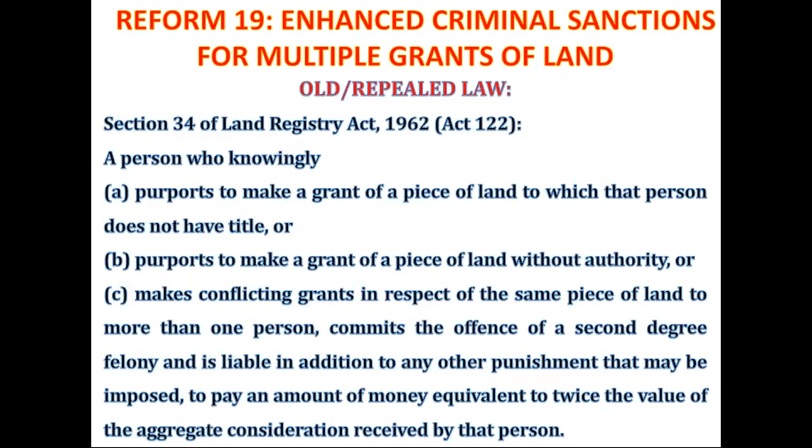It reads as follows, and I quote: a person who knowingly purports to make a grant of a piece of land to which that person does not have title, or purports to make a grant of a piece of land without authority, or makes conflicting grants in respect of the same piece of land to more than one person, commits a second-degree felony and is liable, in addition to any other punishment that may be imposed, to an amount of money equivalent to twice the value of the aggregate consideration received by that person.